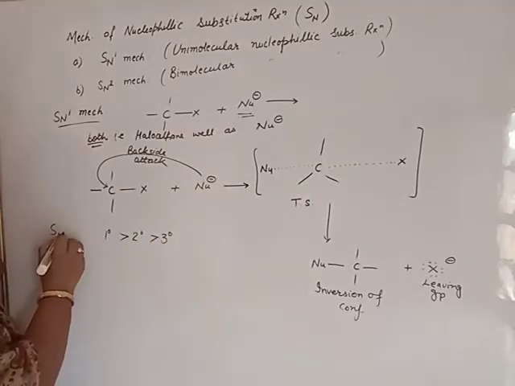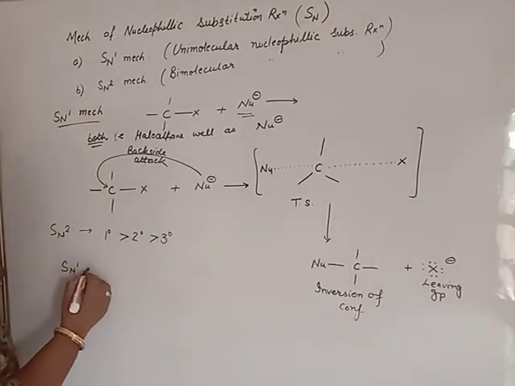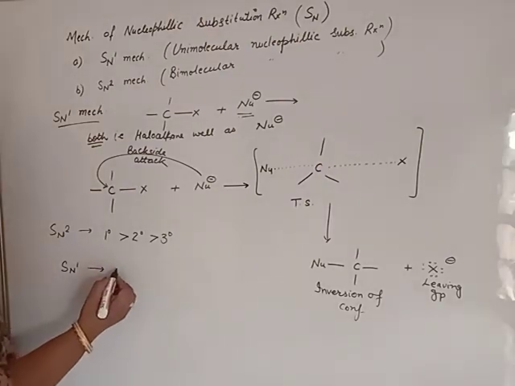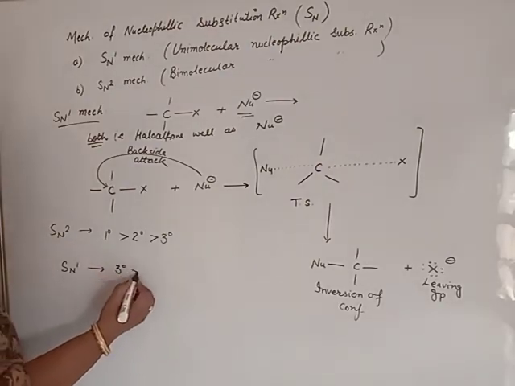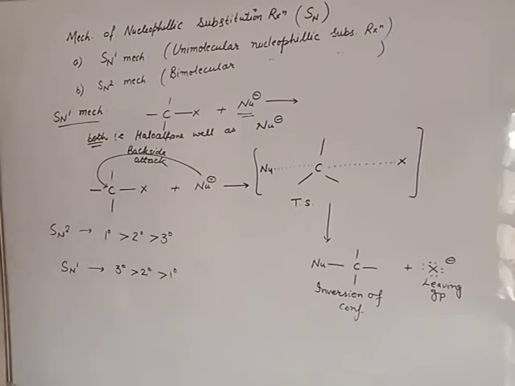But for SN1, beta, both sides of carbon become empty after the formation of carbocation. There is no role for hindrance. Steric hindrance does not affect the positively charged carbon or carbocation. So for SN1 mechanism, tertiary is faster than secondary, than primary.